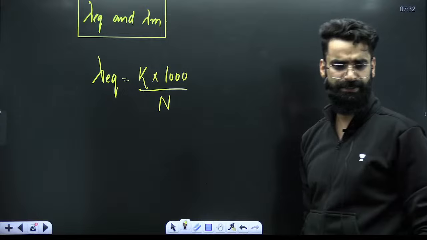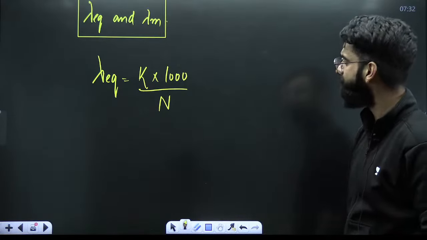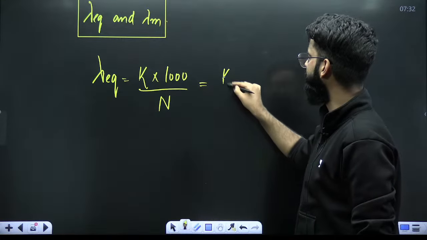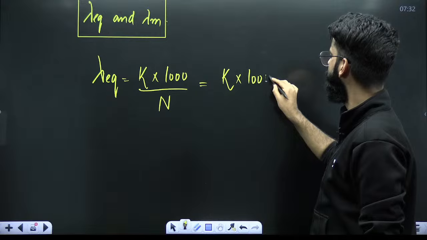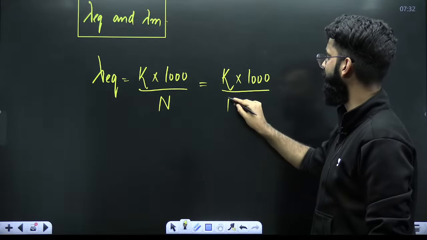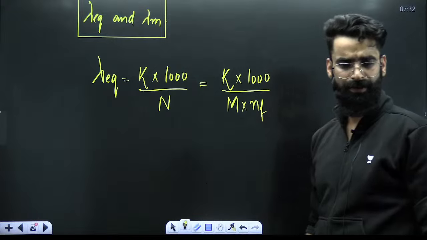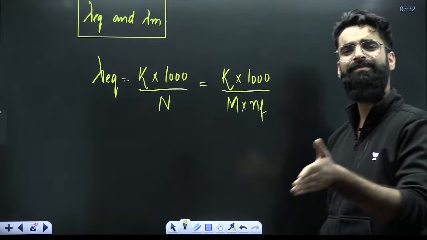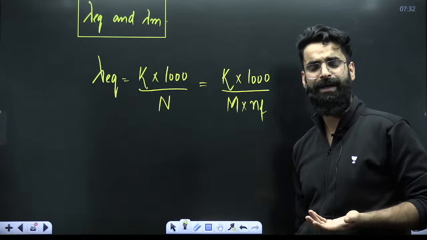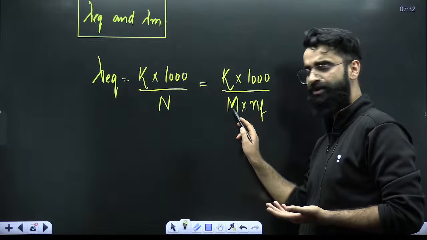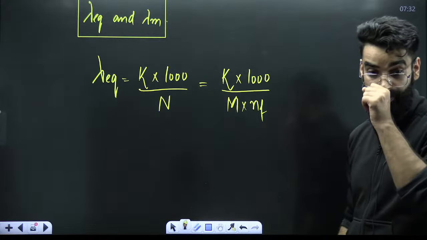This is one of the results which I gave you. Now tell me one thing. How do I write it like this? Kappa multiplied by 1000 divided by, instead of normality, I'll write molarity multiplied by n factor. You know it? Normality is equal to molarity multiplied by n factor of solute. Solute is your electrolyte. So normality is molarity of the solution multiplied by n factor of electrolyte.